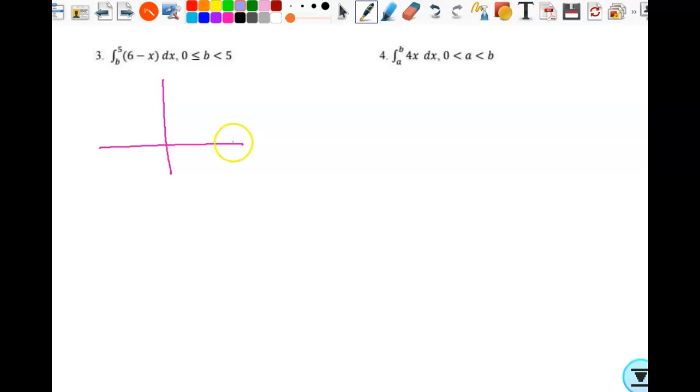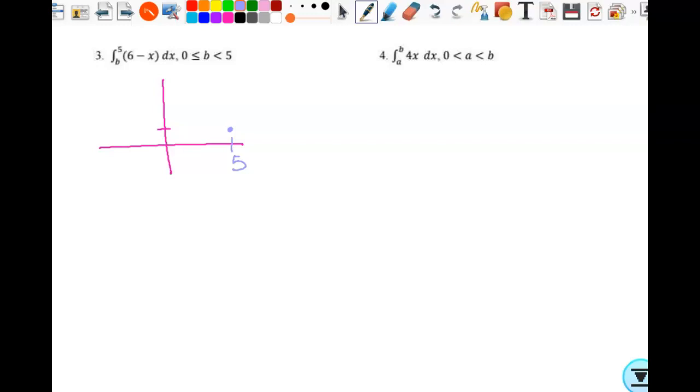So let's put a 5 out here. And if I substitute 5 in there, what am I getting? 1. So we'll go to 1 here. Now I can't substitute b, that'll be 6 minus b. I don't know what that is, but I know it's greater than or equal to 0. So I'm going to go ahead and just draw it greater than 0, so it maybe makes a little bit more sense.